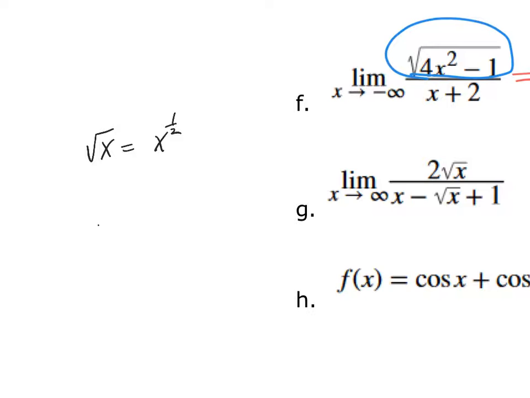I also know if I have a to the m over a to the n, I am subtracting exponents. And if I end up with a negative exponent, I write it as 1 over that a value to a positive exponent.